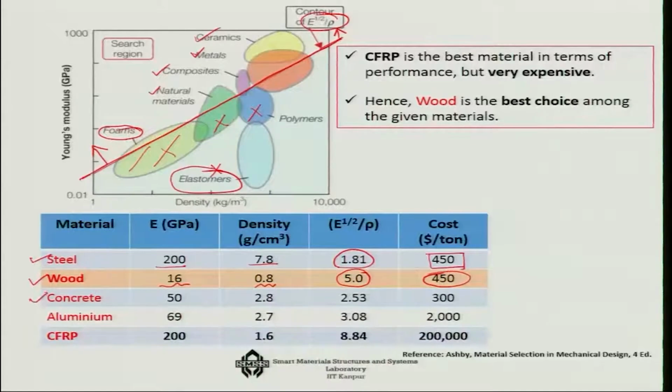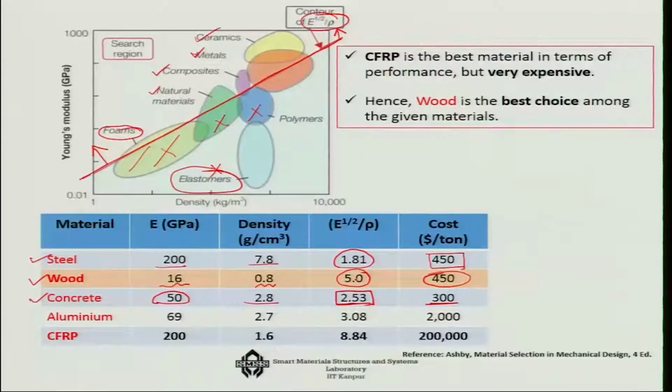Let us look at concrete. It has a modulus of elasticity of 50 gigapascal, density of 2.8 gram per cm cube. So, the factor will come out to be 2.53. Cost wise it is cheap, but this factor is showing that it is not as good as wood is.